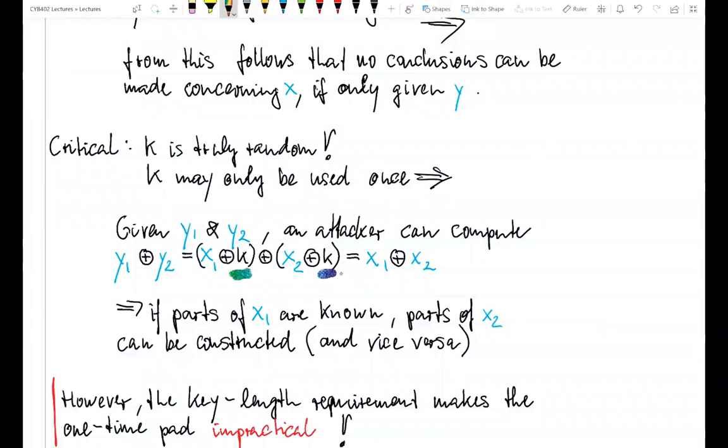So this key cancels out for the very same reason why the one-time pad works to begin with. Remember that a key XORed with the key is actually 0. So that doesn't mean that we get the plain text right away. What that means is, however, that we get the XOR of the two plain texts.